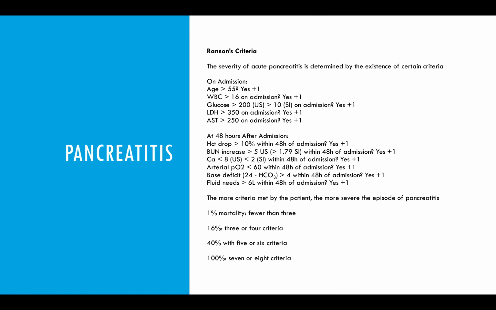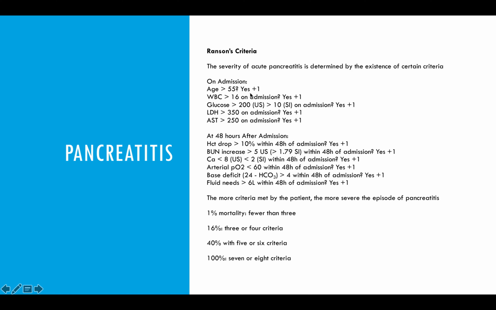Now, Ranson's criteria is something that's talked about, and it's the severity of the acute pancreatitis determined by the existence of certain criteria. So not exactly important for you guys, and there's a lot of things that go into it that are 48 hours after admission, but this is the first part of it.